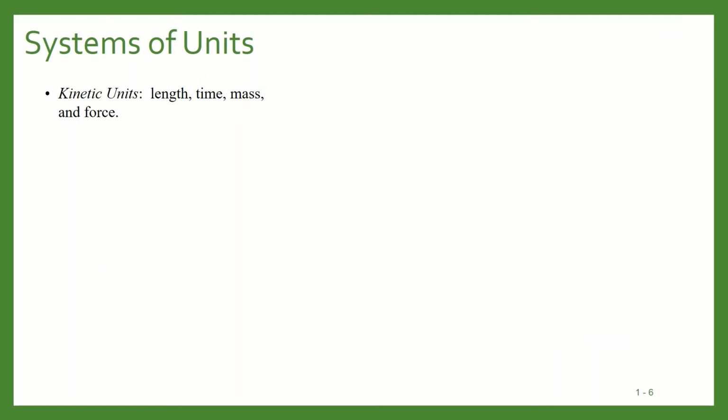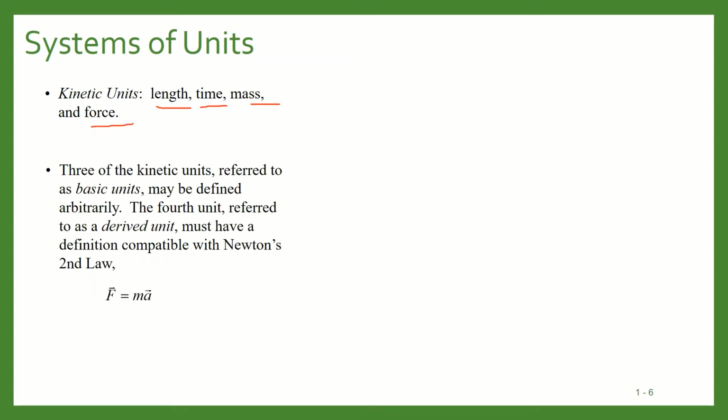Now we will see the different systems of units that you will be using in your mechanics course. So you will have units for length, time, mass, and force. Three of the kinetic units, referred to as basic units, may be defined arbitrarily. That is, you can define the unit of length, then you can define the unit for time.